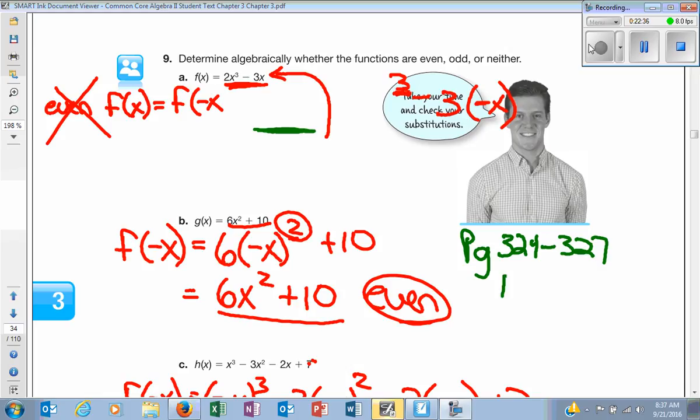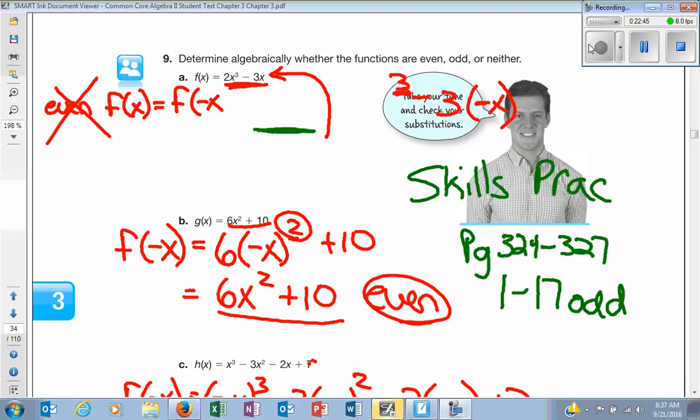Numbers 1 through 17 odd, and that is in the skills practice. I'm going to put that up in Portal. It's that PDF file. That will be your homework for tonight. That will practice some of these skills, especially the stuff that we just went over.